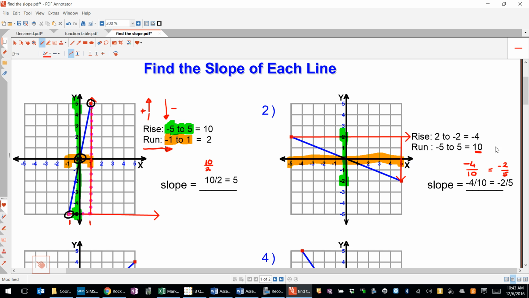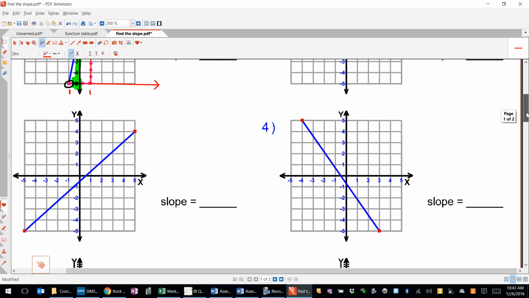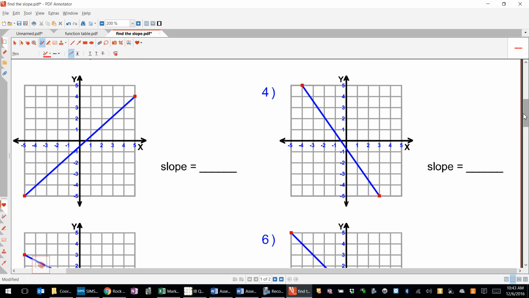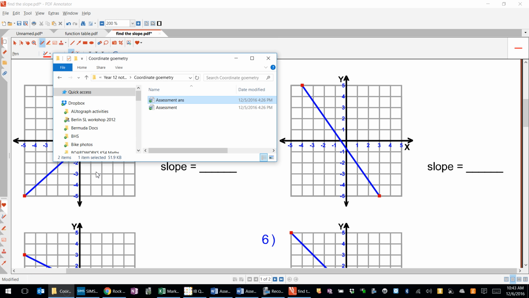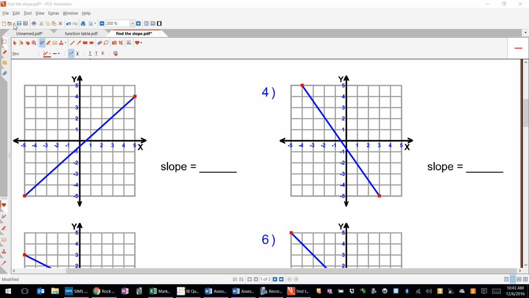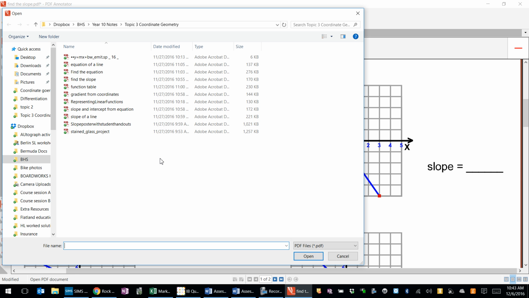How far have people got with the rest? Have you kind of done them before? Some of you have done them, some of you not. Right, what I'll do then, just so that people can move on, let's have a look at, I think this one. You got this one?